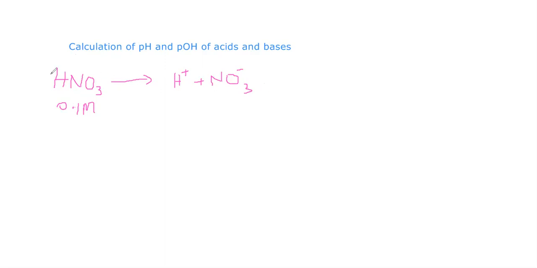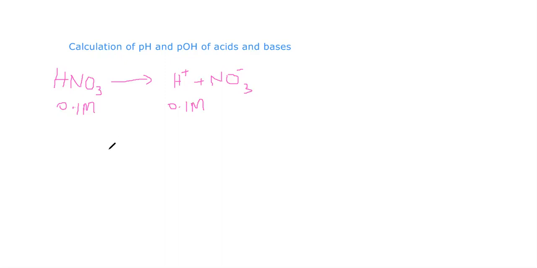That means 1 mole of nitric acid will release 1 mole of hydrogen ions and 1 mole of nitrate ions. So with 0.1 molar concentration, the hydrogen ion concentration would be 0.1 molar as well, because the relationship between the two is 1:1.